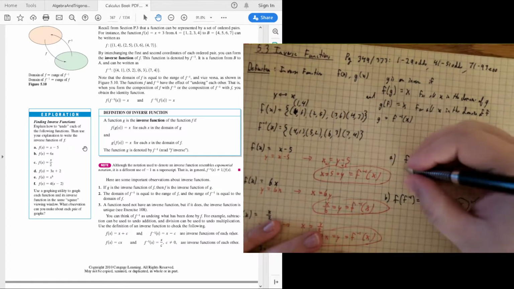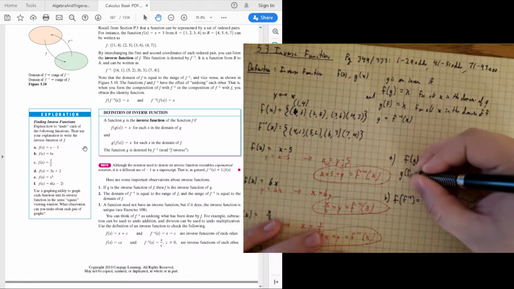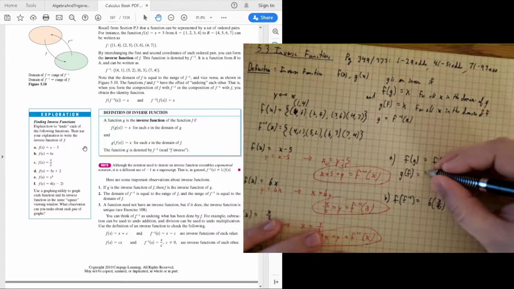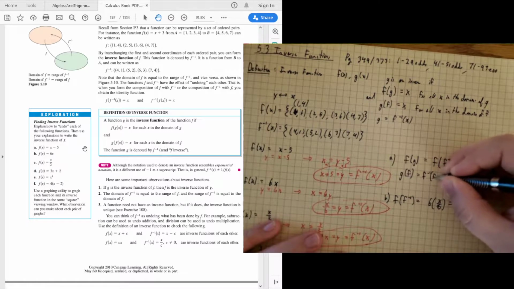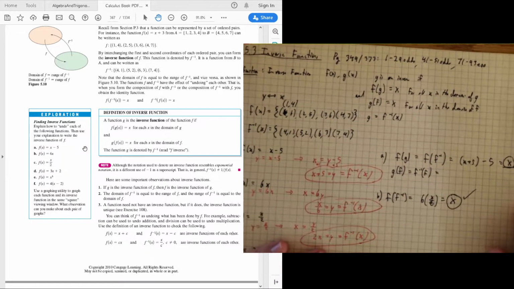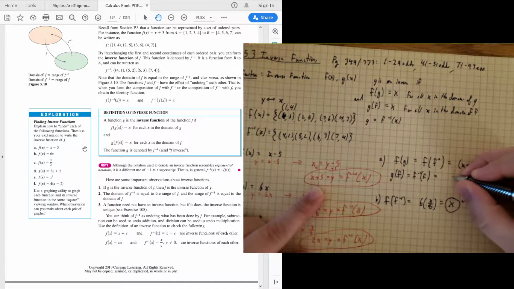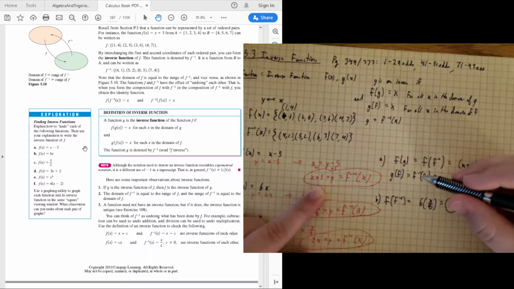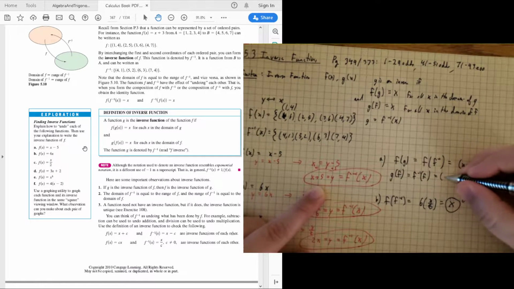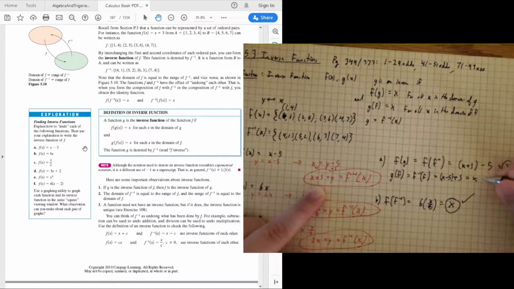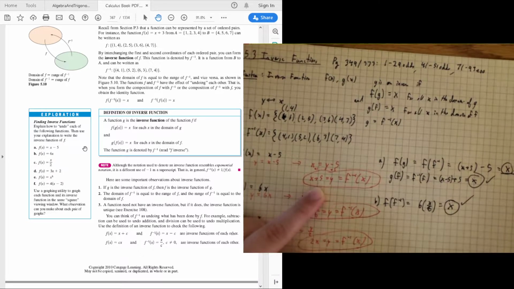And even if you do it the other way, so doing g of f or f inverse of f, you'll get the same thing. Like on this top one, f inverse is x plus 5. But if I do f inverse of f, I'd have to plug in f everywhere there's an x. And I'll get right back to x again, as expected.